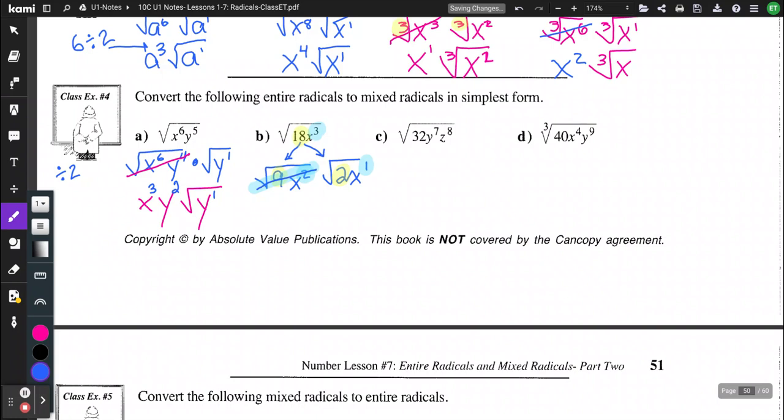So what is the square root of 9? 3. What does x to the 2 solve to? 2 divides by 2 once. And then your root 2x1 stays underneath. So we took our x and we divided by 2.